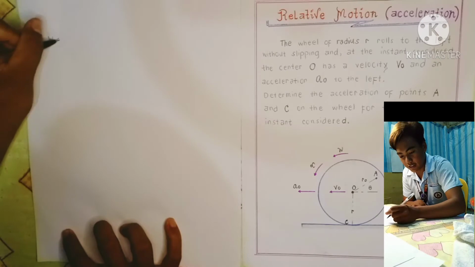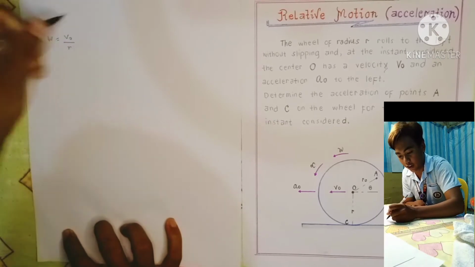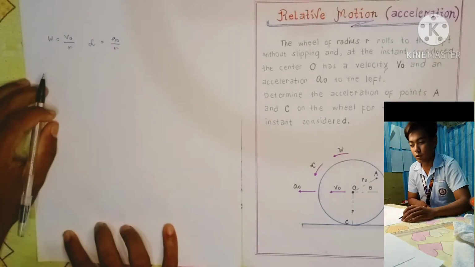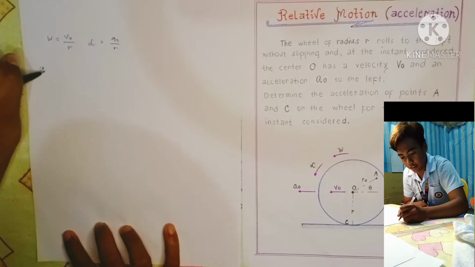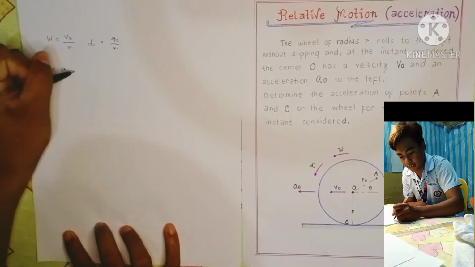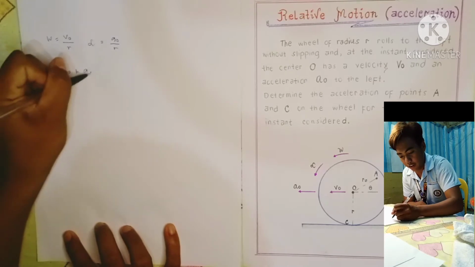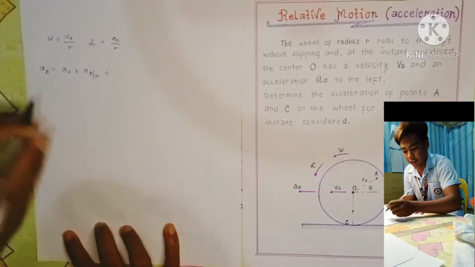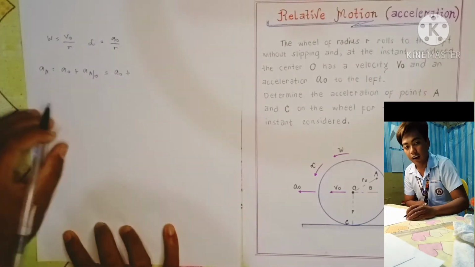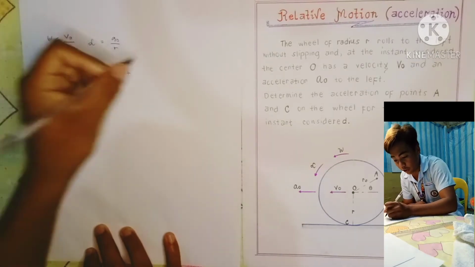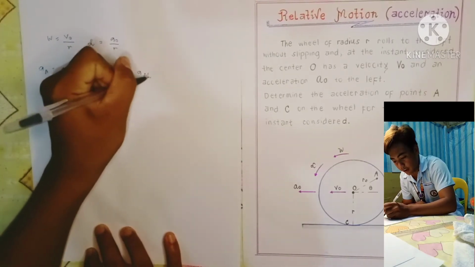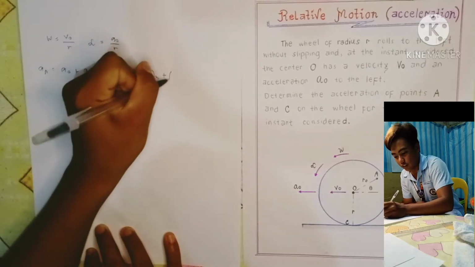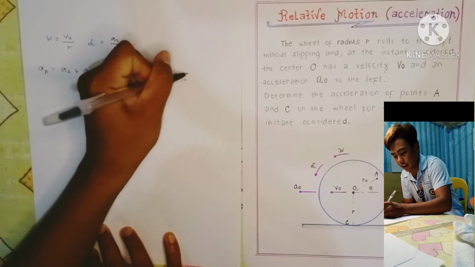Angular velocity is equal to VO over R, and angular acceleration is equal to AO over R. Next, we need to get the acceleration of point A, which is equal to AO plus A of A over O, or equal to AO plus relative acceleration of A over O normal plus relative acceleration of A over O tangential.